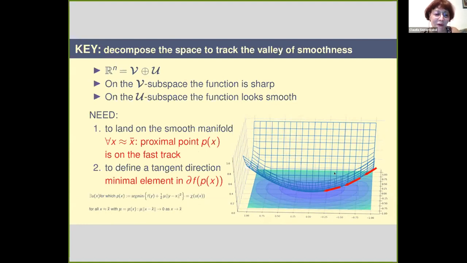So we have a primal step that will take us into the U subspace. And then, using the tangent direction, we will get out of our smooth manifold, but we will do that in a Newton-like move that will make us converge fast to the minimum.